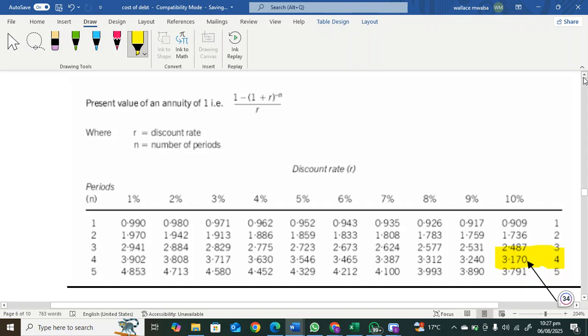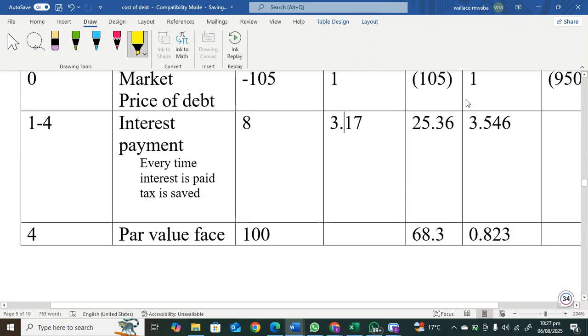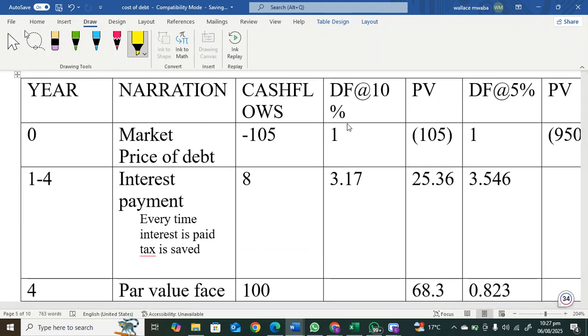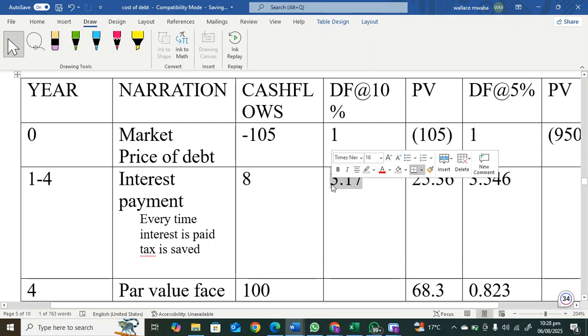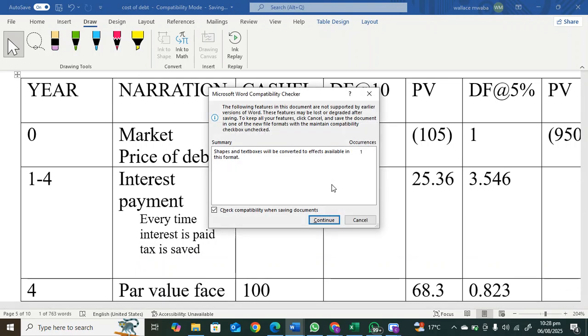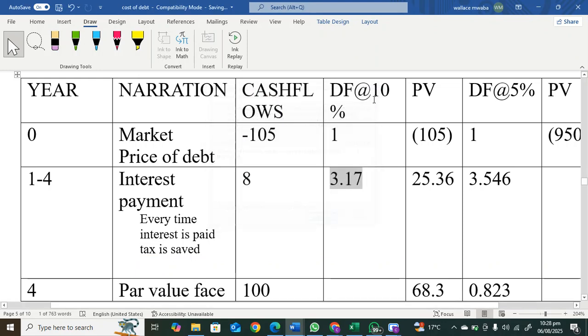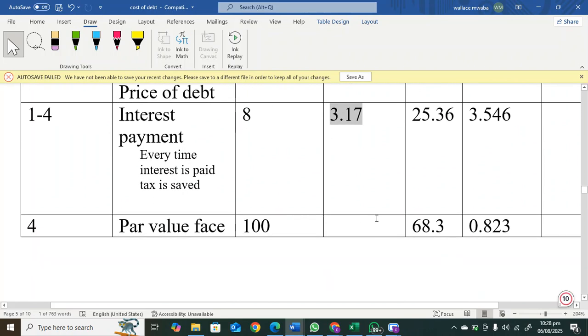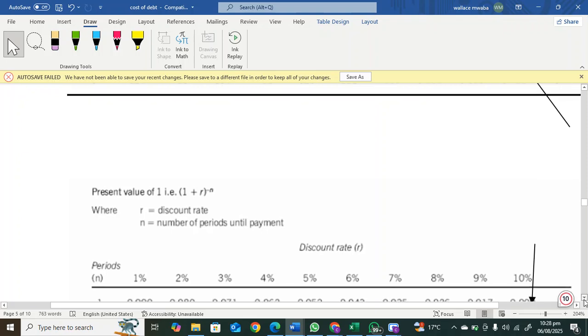In year zero, the discount factor is always 1, so here you put 1. Then for years 1 to 4, the annuity factor here is 3.17. Then finally, in year four, for the discount factor this time you go to the present value table.